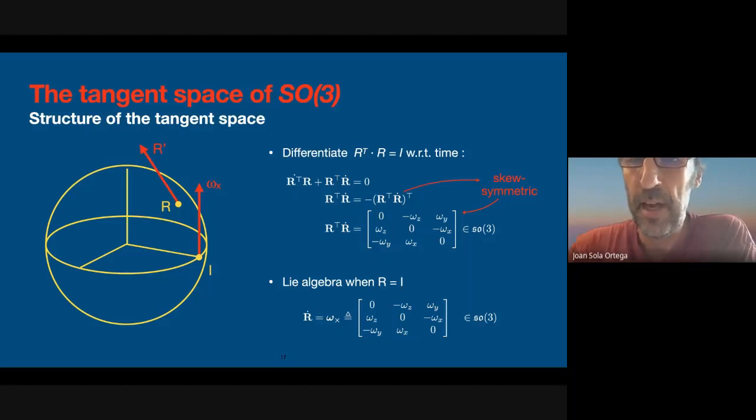Okay. In particular, at the origin we have the Lie algebra defined by omega cross, that I am now showing on the bottom line. So omega cross is the skew symmetric matrix defined in this form. Okay. And the interesting part comes now.